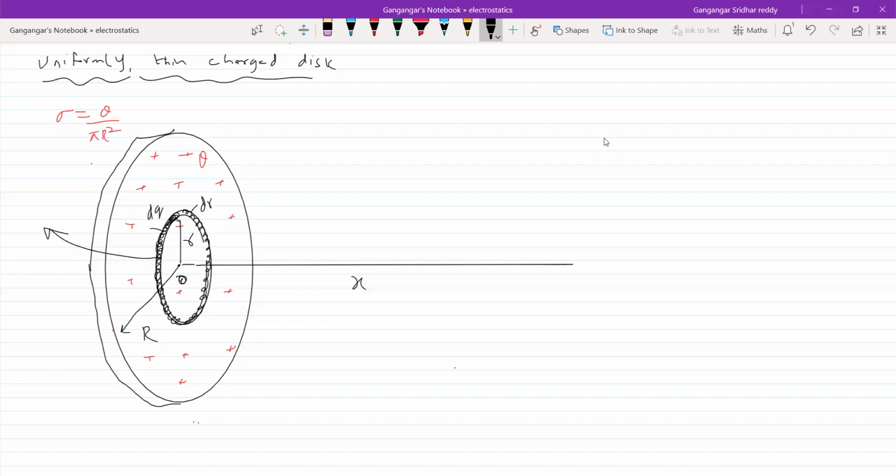Now, what is this elemental ring? We have already discussed this in the electric field. So at point P, we have to find the field. First, the potential at point P on the axis.